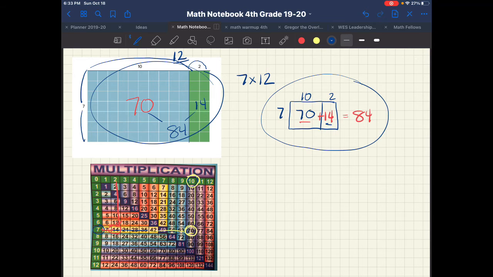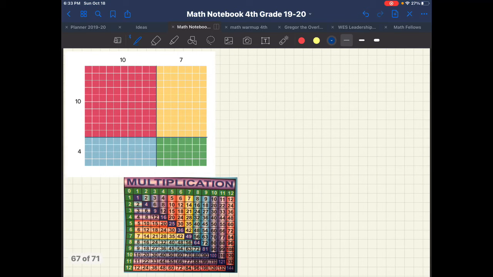So let's get a little bit more complicated. Now I've got 10 and 7 across, which means this is 17. And I've got 10 and 4 across, which means this side is 14.